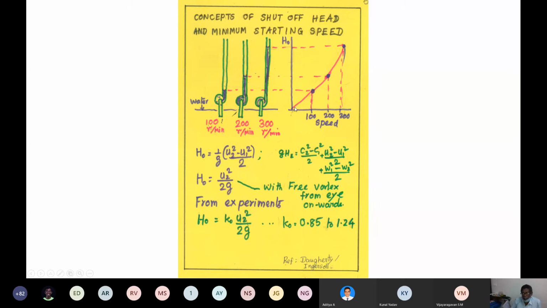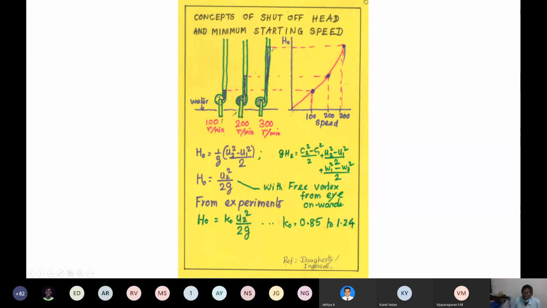So I can graphically plot this so-called head versus the speed. Now one thing is, it is the head at which there is no flow. Only head is there, no flow, as if it is shut off.